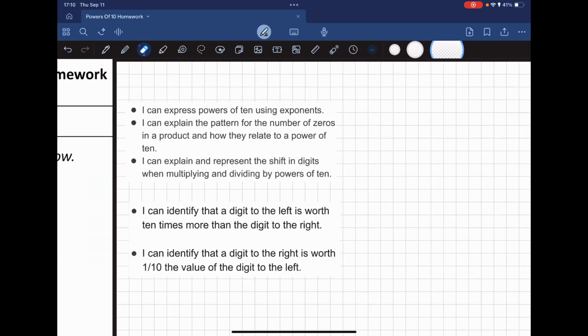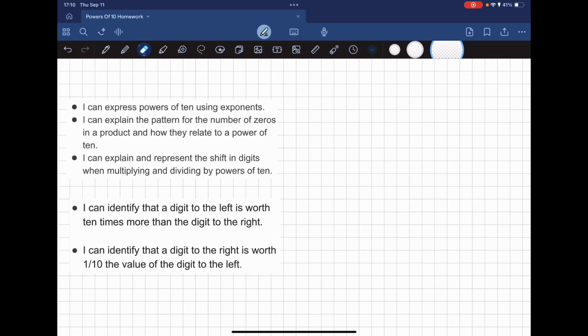The first I can statement here is: I can express powers of 10 using exponents. In your child's math notebook, they should have a chart, okay?